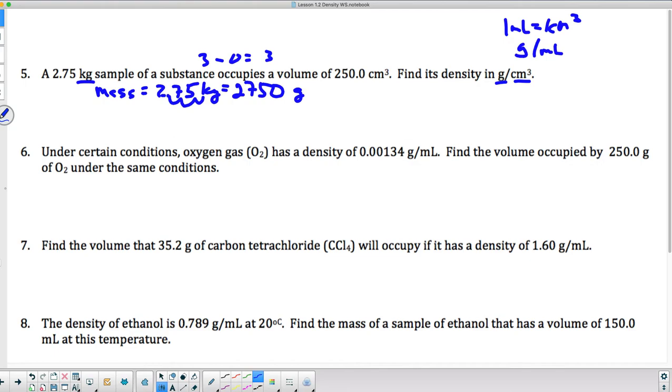So if I'm finding density, density equals mass divided by volume, and that equals 2750 grams divided by 250.0 centimeters cubed. That means my answer is going to be in grams per cubic centimeter, like that.